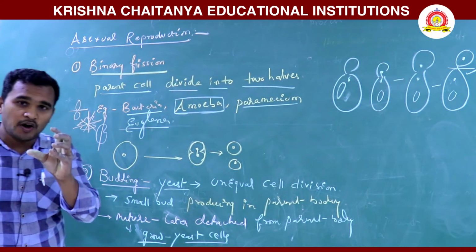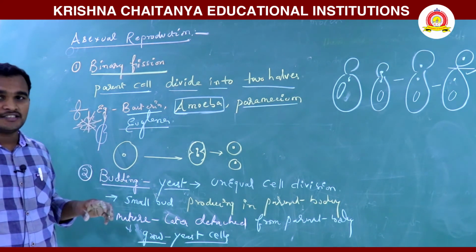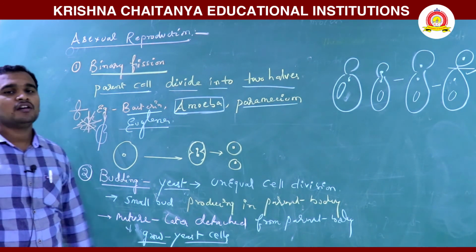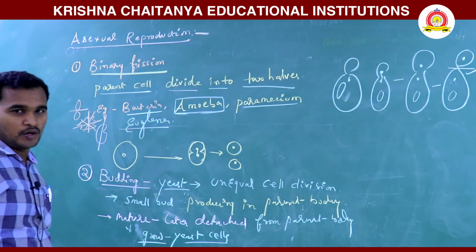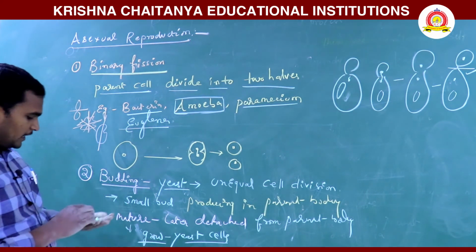Budding is nothing but a small bud formed on the parent body. Initially it is attached to the parent cell, and when fully mature it is detached and grows individually. So this is nothing but budding.